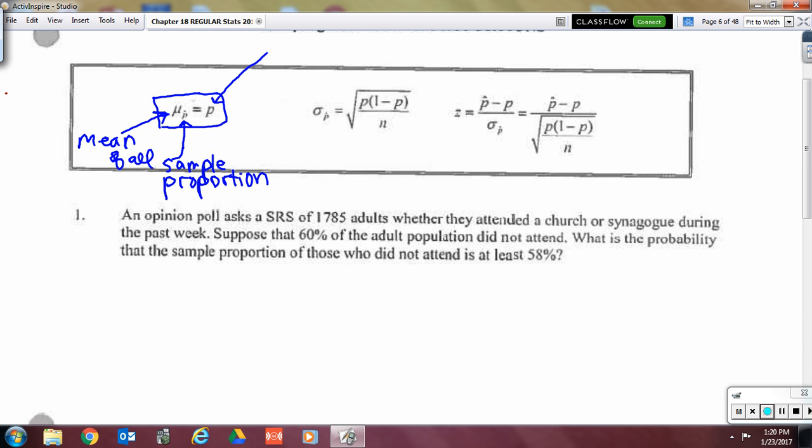The whole population proportion, yes. So it equals what the whole population proportion is. Okay? All right. So I'm pointing out what all these letters stand for because it is important that you understand what each one of those little letters or symbols mean and stand for. Okay? It's very important.